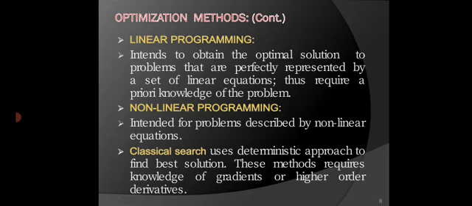Non-linear programming means the problem is described by non-linear equations. Further, the non-linear classical search methods are used. So classical search uses a deterministic approach to find the best solution. These methods require knowledge of gradient or higher order derivatives.